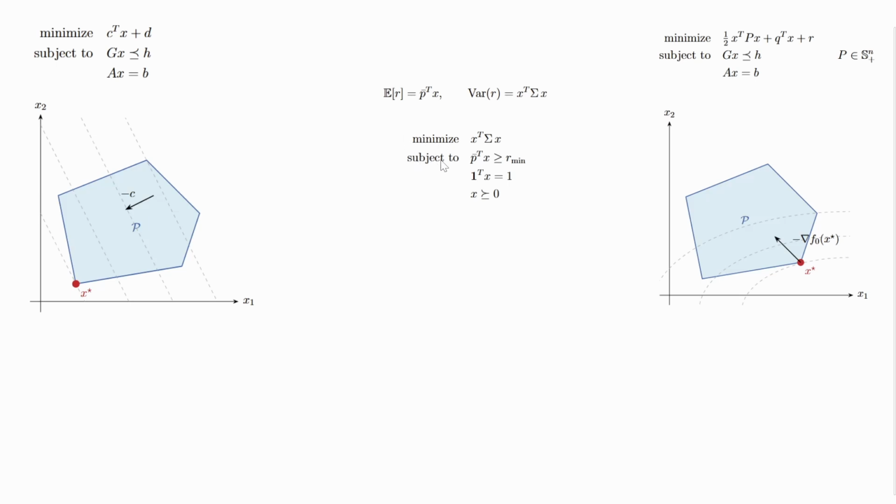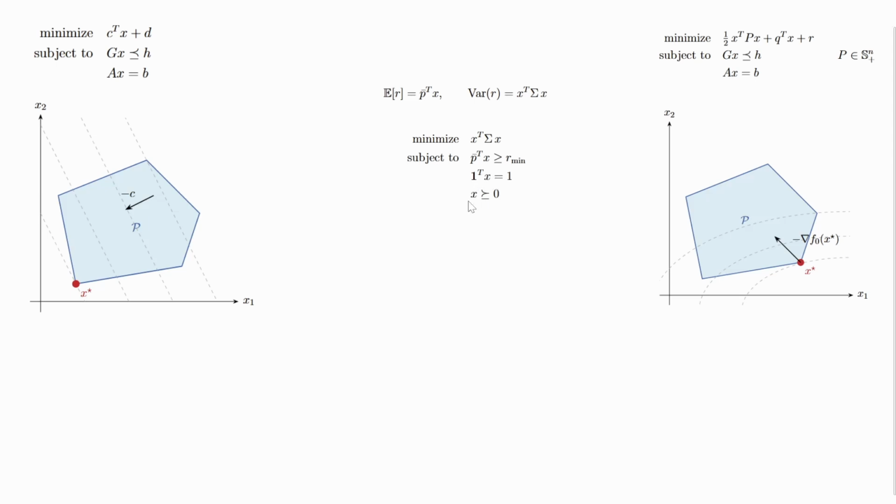But of course, you don't want zero return. So you want to define beforehand some minimum return that you're satisfied with, and you're saying that the return must be above this minimum. Also, your x, your portfolio of stocks, must sum to 1, because you're working with proportions, which is usually how they do it in finance.